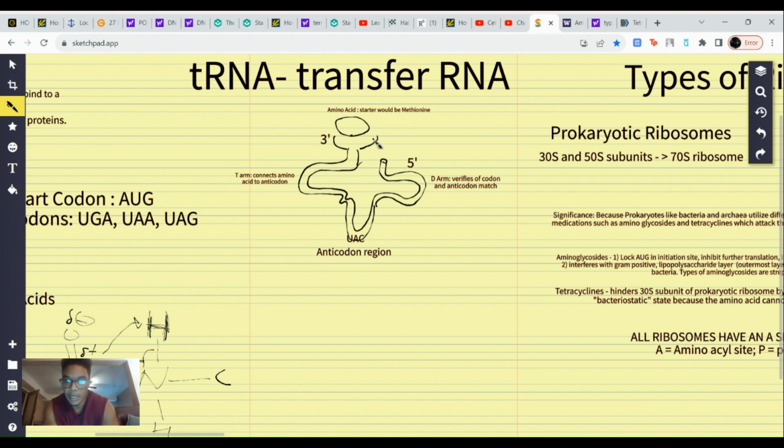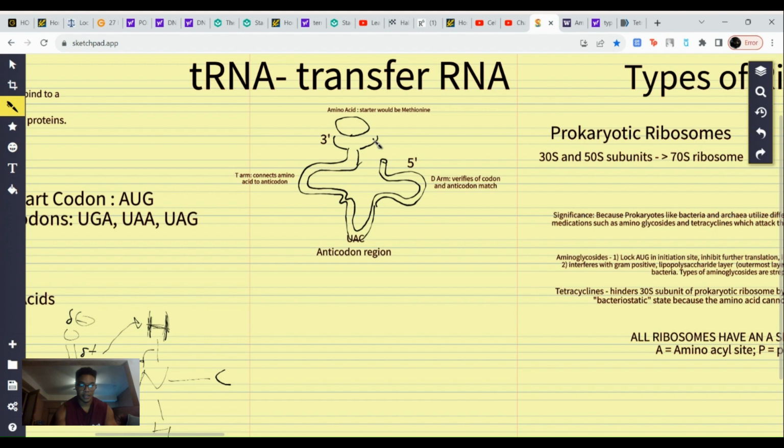It conducts a reaction where it makes guanosine diphosphate and inorganic phosphate, which is a lone phosphate group, because it requires energy to bind things. Whenever you create a bond, it requires energy. And whenever bonds break, they release energy.